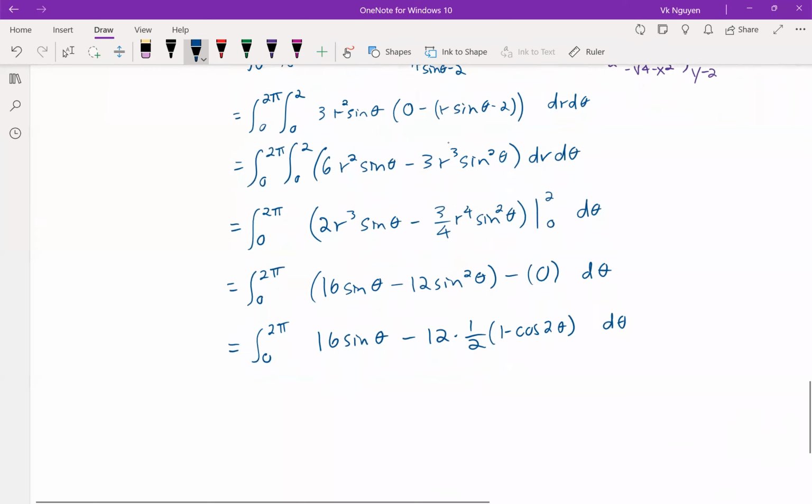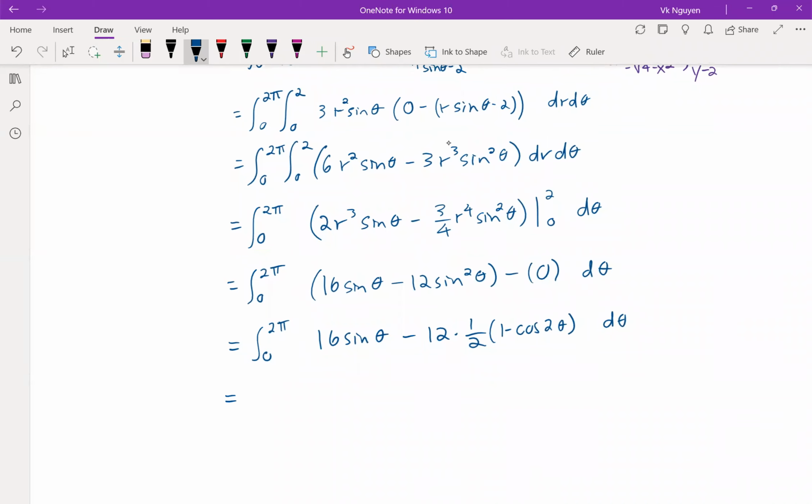Okay. Next is going to be the integral of sine, which is negative cosine, so it's going to be negative 16 cosine theta, minus 6, the integral of 1 is theta.